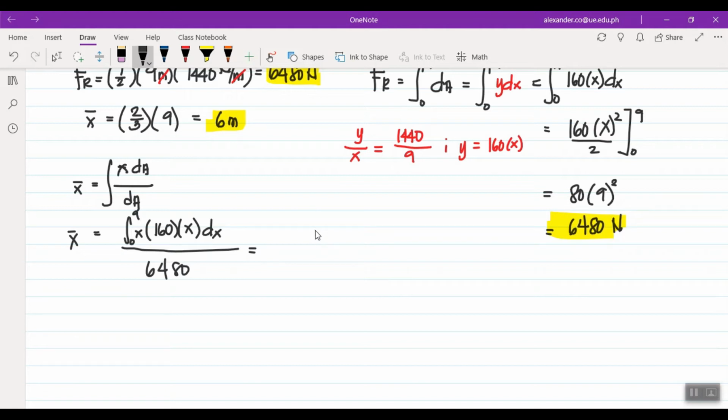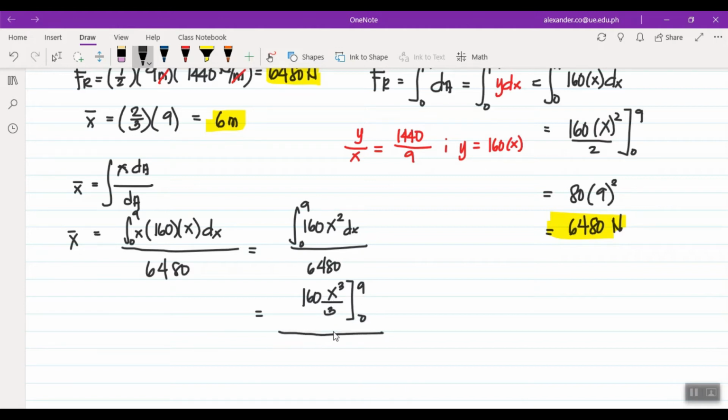Ang lalabas is now 160 x squared over 6480, equal. Pwede na natin integrate. That is 160 x cubed over 3 from 0 to 9. Divide mo na 6480. Okay.